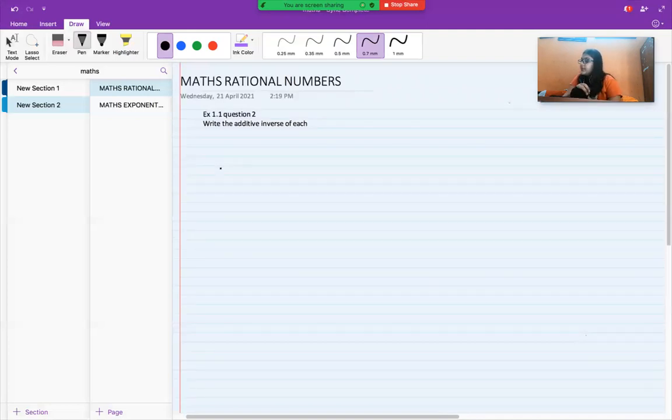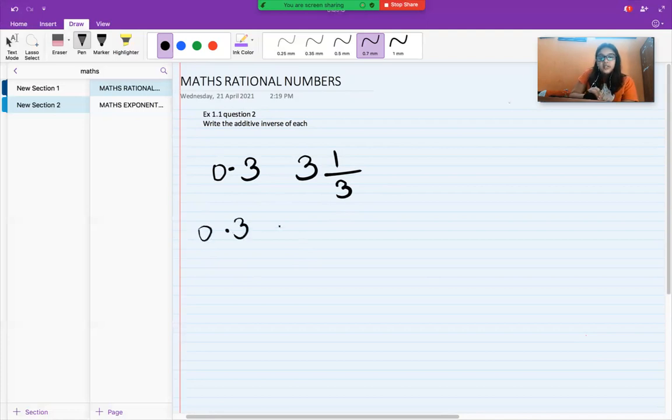In question 9: is 0.3 the multiplicative inverse of 3 1 by 3, and why not? So we just do it like this: 0.3 into 3 1 by 3.